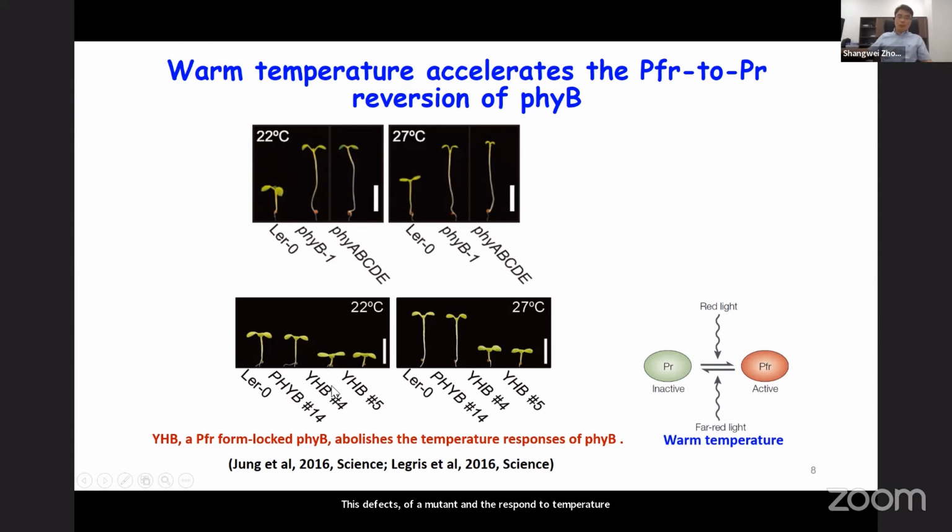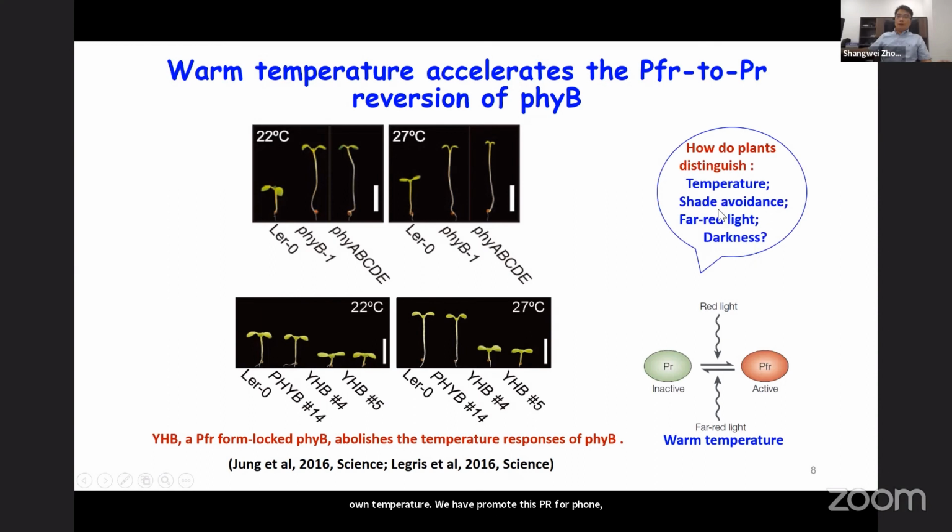However, when transforming the YHB form of phyB, which is a Pfr form locked phyB, these transgenic plants still did not respond to temperature. Therefore, these studies propose that the warm temperature will promote this Pfr form to Pr form reversion that enables phyB to sense temperature changes.